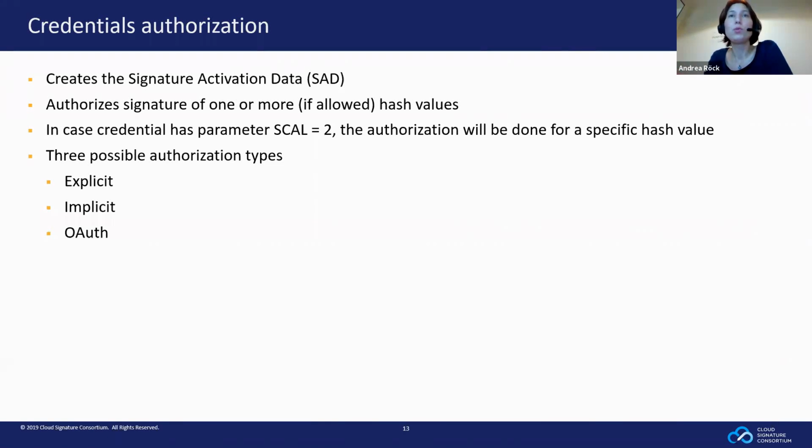If the value is 2, it means we need to provide the hashes we want to sign at the moment we authorize the signature. If the value is 1 for a specific credential, it's not needed. And there are 3 ways to authorize the usage of a credential. It's explicit, implicit, and OAuth.